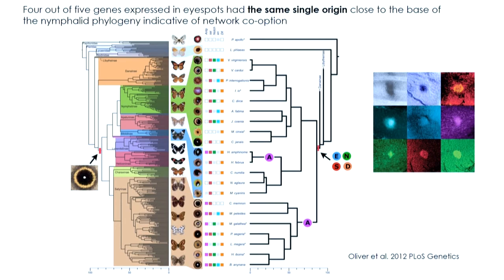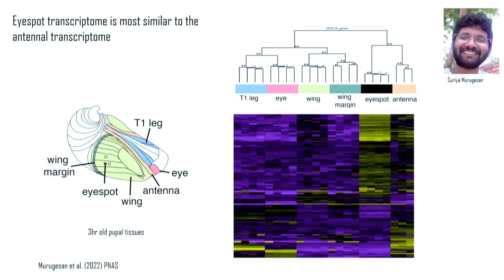So we suspected that there was a gene network co-option event, not just the co-option of 1 gene, 2 genes, 3 genes, but potentially a whole network of genes that got recruited at this moment in time when the trait evolved.